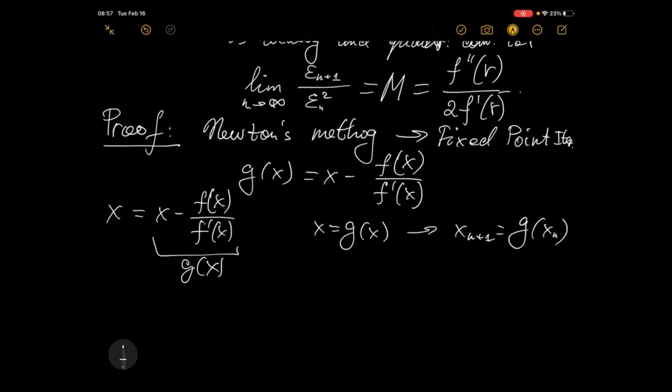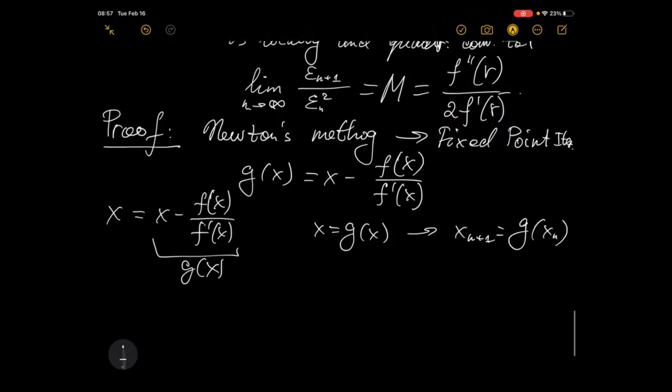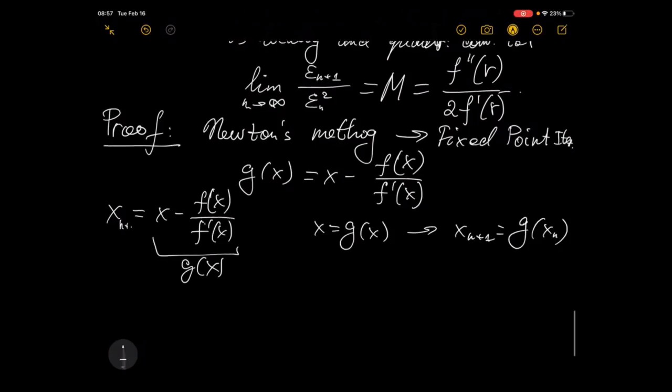Because your formula is exactly this, you could say that this is nothing else but fixed point iterations for this particular problem, where g(x) is equal to that.